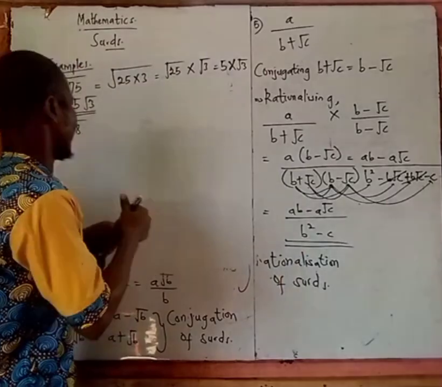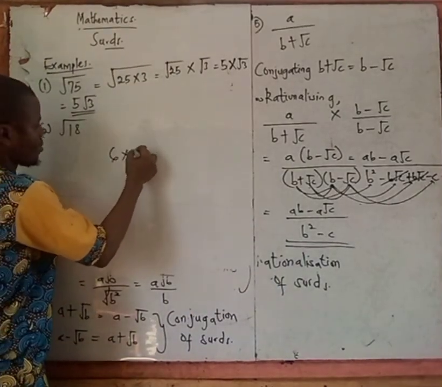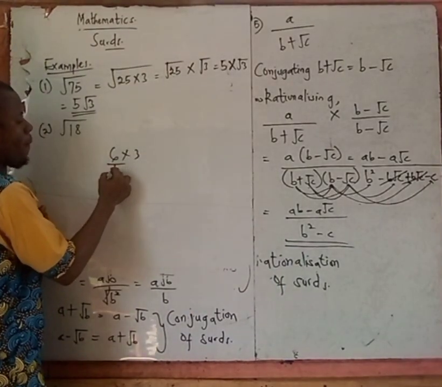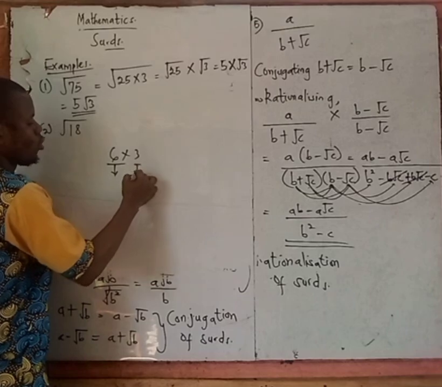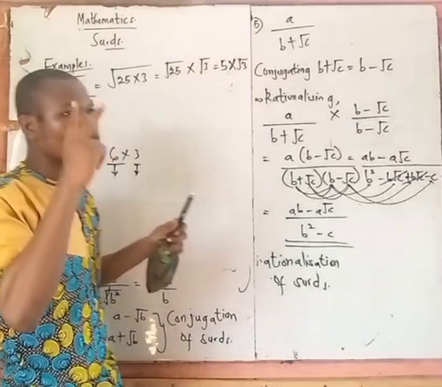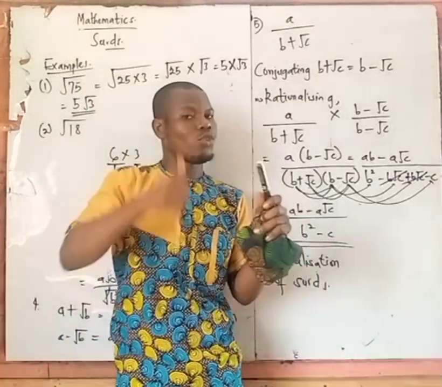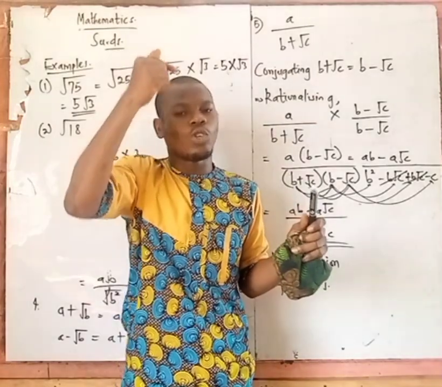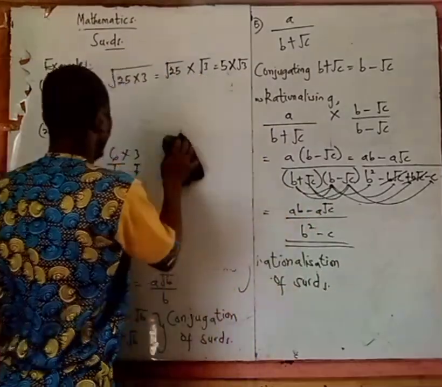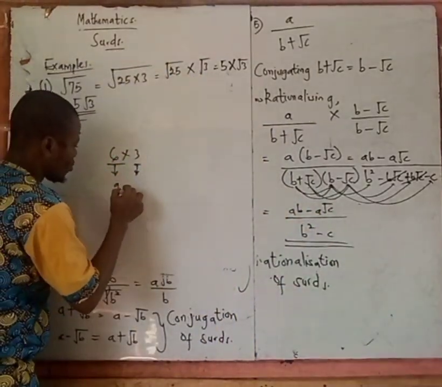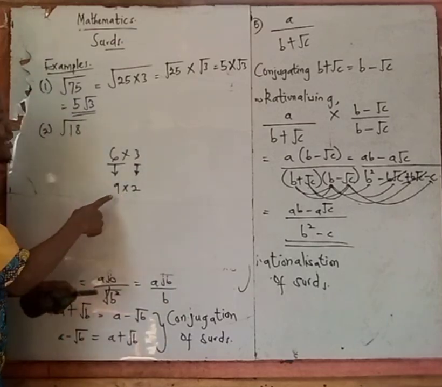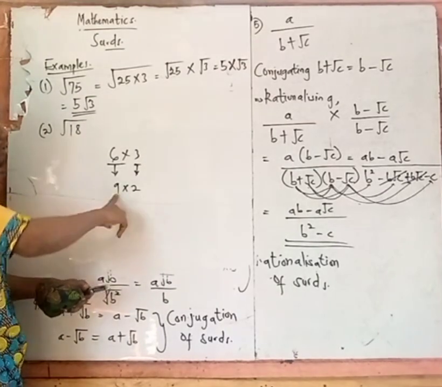If we use 6 times 3, 6 is not a perfect square and 3 is not a perfect square. So we're going to find two numbers where one of them is a perfect square while the second one is not. So 9 times 2 is better, because 9 is a perfect square, while 2 is not.